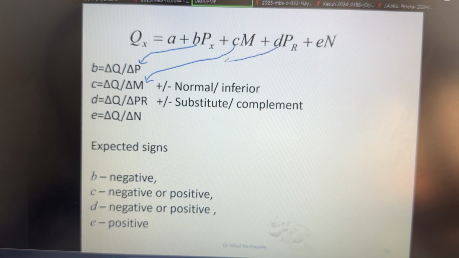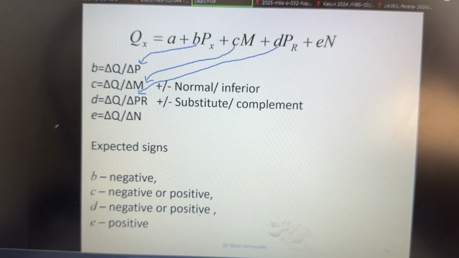And D is delta Q divided by delta PR. PR is the price of the related product. And E is delta Q divided by change in population, or change in the market size, also correct.